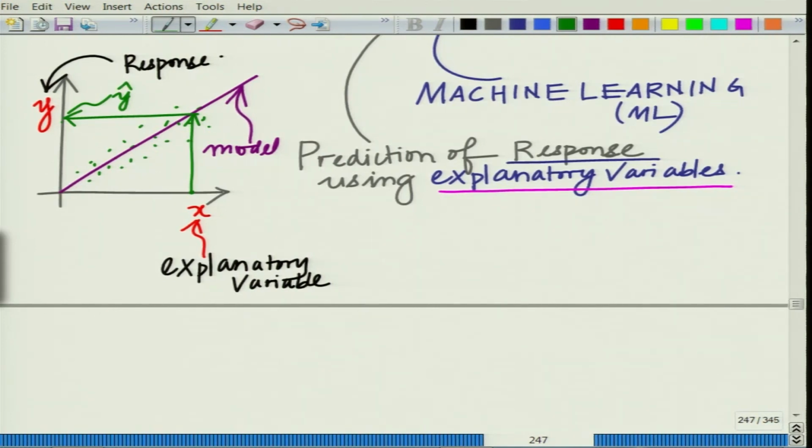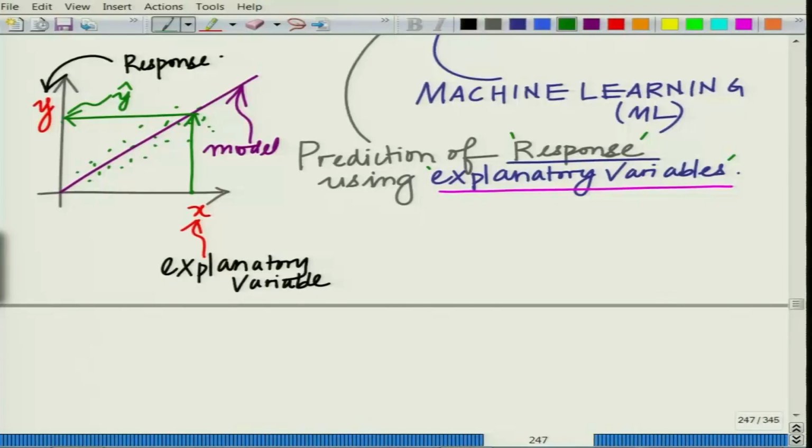This is essentially what regression is, that is, prediction of the response using these explanatory variables, by fitting a model, in this case a linear model, and this is termed as linear regression. You are fitting a linear model to the explanatory variables to predict the response of the system.